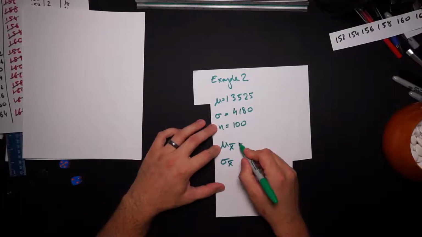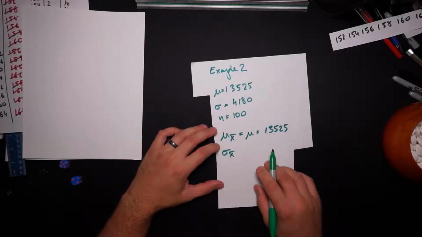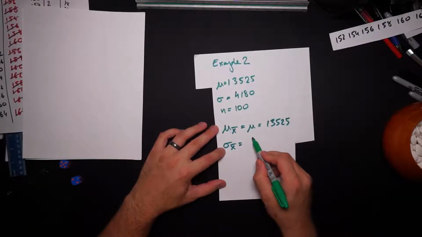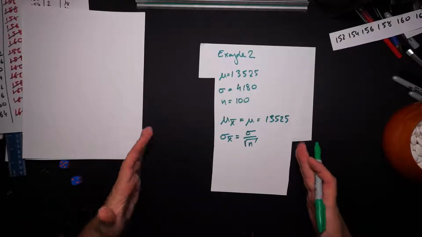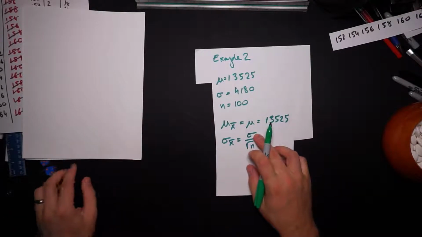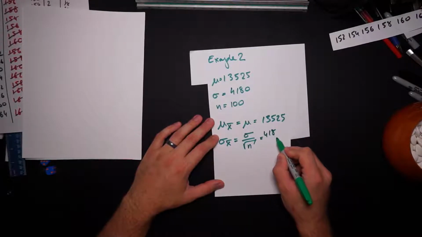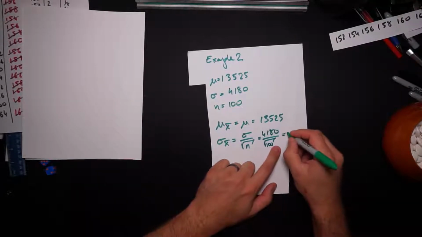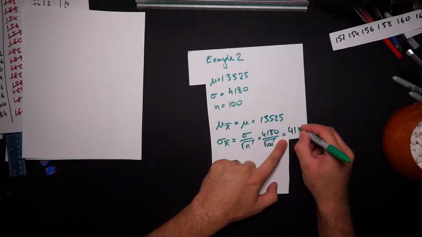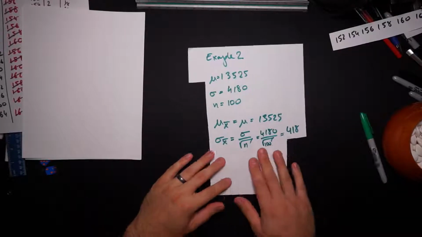Well, this is exactly this, which means this is still staying. Now this, on the other hand, is tighter than the population one. So this is 4180 divided by the square root of 100. The square root of 100 is 10, so this comes out to be 418. Then that's it. This is just kind of a, hey, let's apply it.